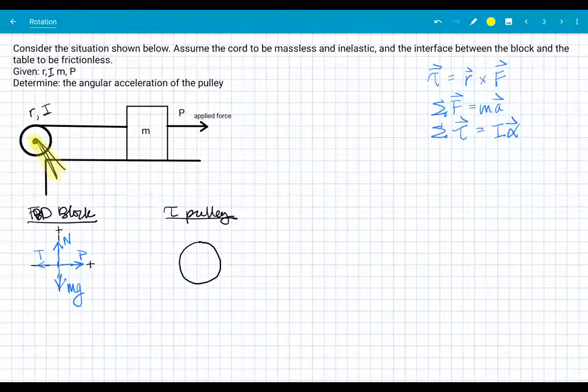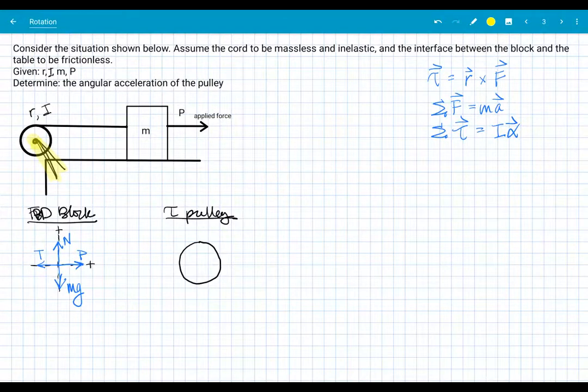We can assume that it's some uniform kind of pulley, right? That the mass is uniformly distributed. So the weight of the pulley is acting on the center of mass of the pulley, which is the same as the geometric center, which is where the axle is. So what all that means is that neither the weight of the pulley nor the normal force holding up the pulley cause the pulley to accelerate.